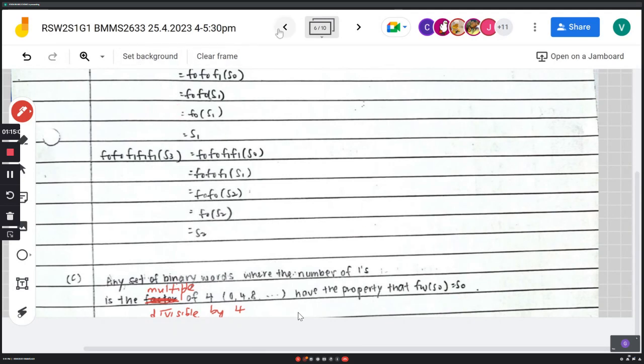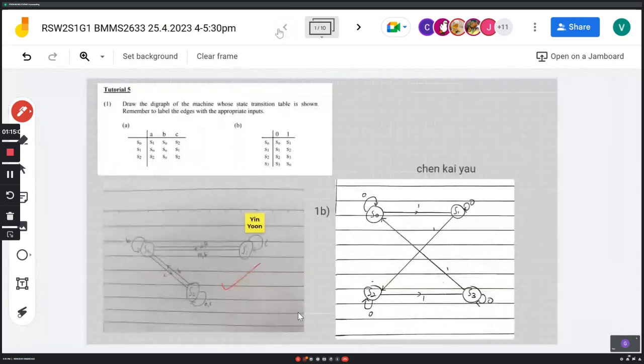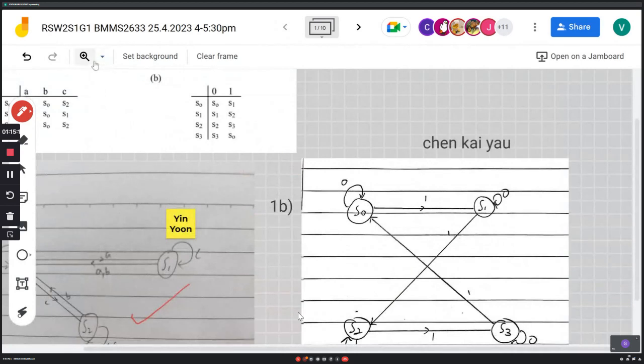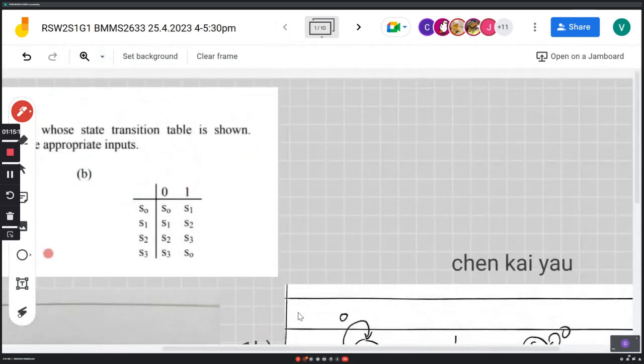This, again, we need to refer to question number 1b. When you see the table for this question B, you can see how to go back to S0. From here, I can go back to S0 also, or I come here, S0.